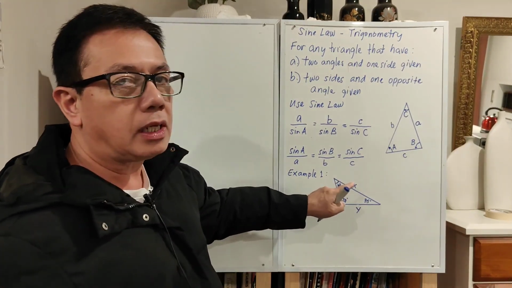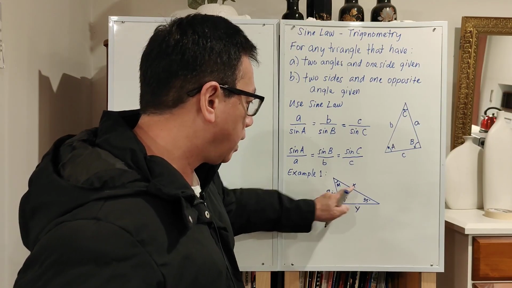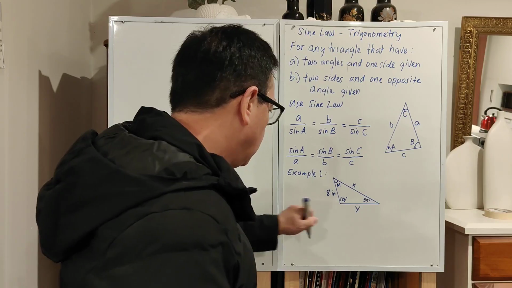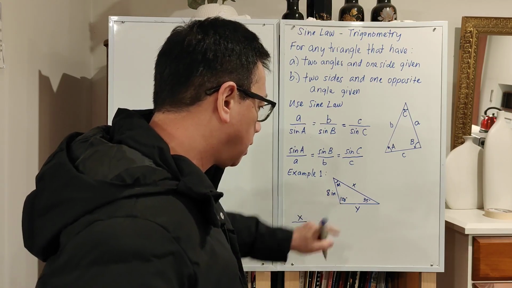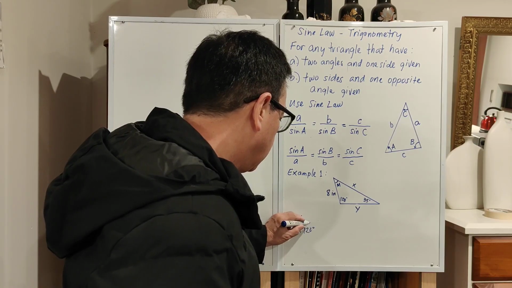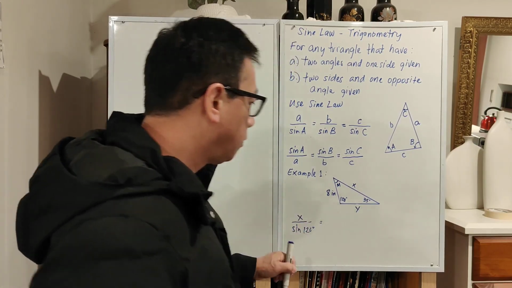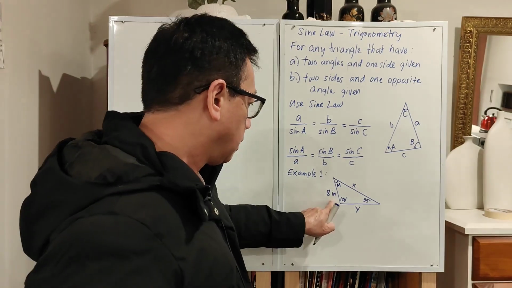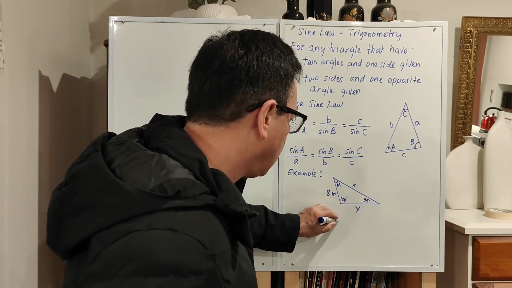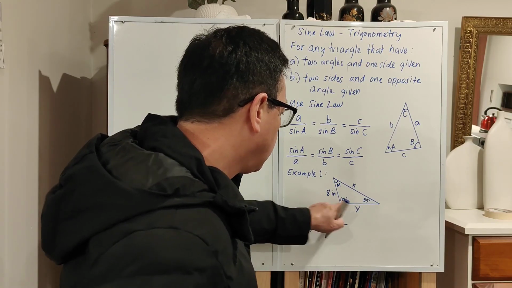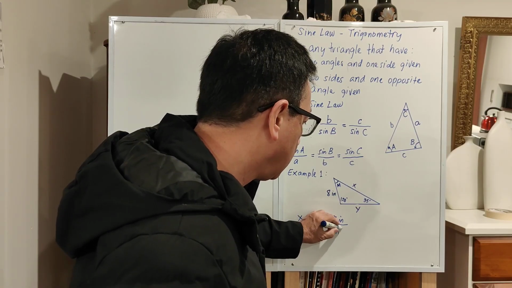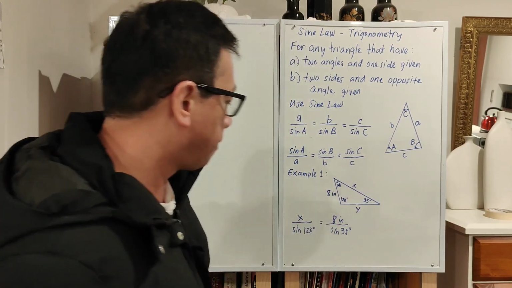So let's start with the variable that we want to solve. x, we want to put it in the numerator. Opposite x is 120 degrees, so x over sine 120 degrees is equal to 8 inches over opposite that is 35 degrees, so sine 35 degrees.